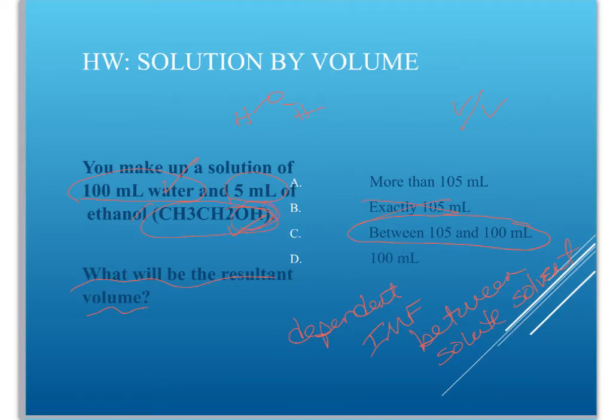Ethanol also has an OH. So what type of intermolecular forces exist between these two substances? I'm hoping you say hydrogen bonding, which is a really strong attraction between substances. And because that attraction's so strong, if there were no volume shrinkage, that mixture would be 105 milliliters. But because they're so attracted, it's going to be less than 105 milliliters. Okay?